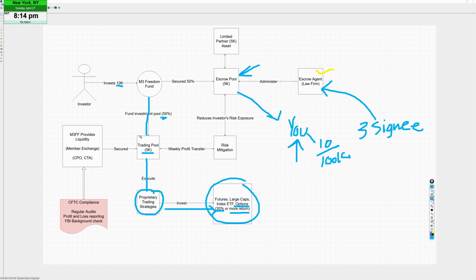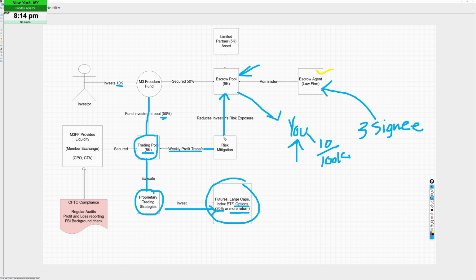Now, this trading pool is quite important. Every time we make money on a weekly basis, we channel the weekly profits through what we call risk mitigation. This is basically a transfer of money, where weekly profits get transferred into this escrow.